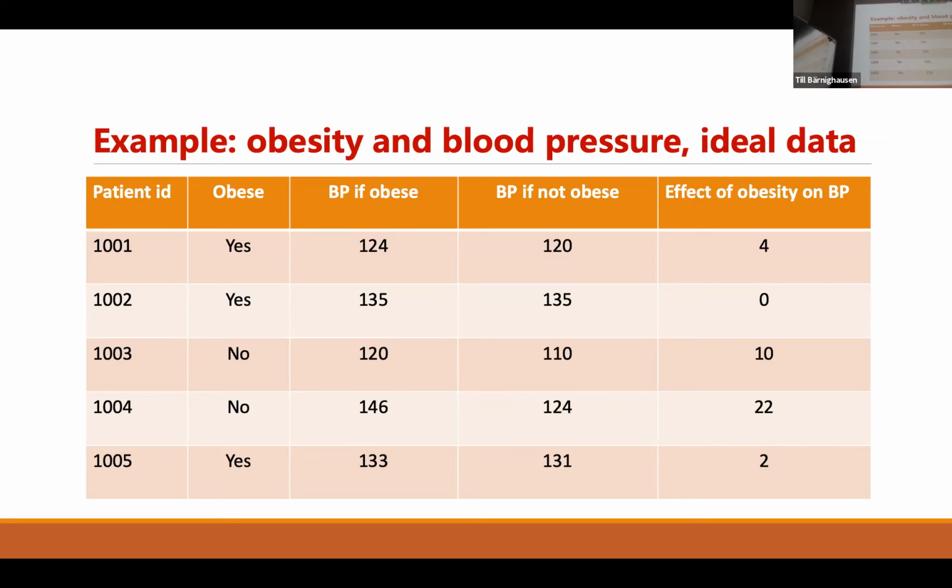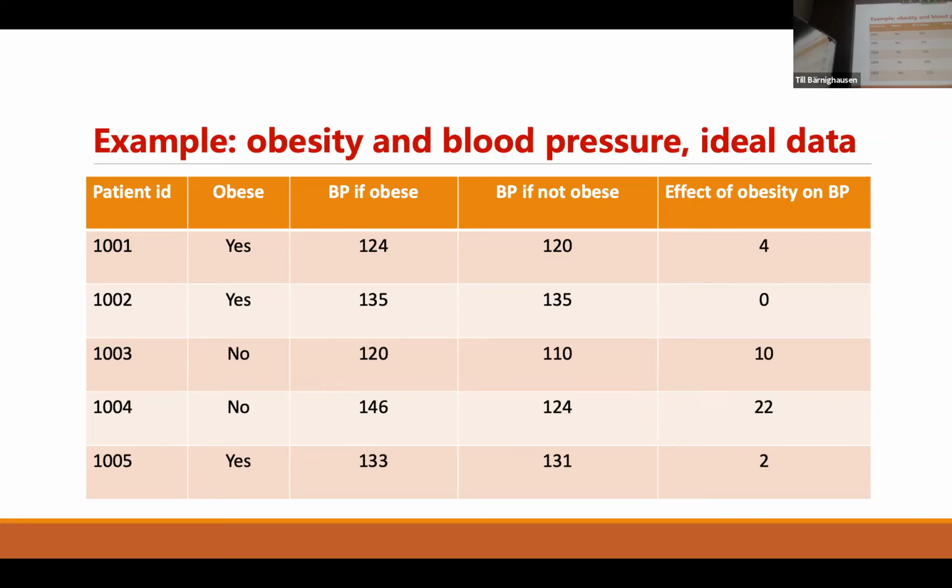And then we can also measure his blood pressure in the counterfactual scenario if he is not obese. So if he is obese, the blood pressure is 124. If he is not obese, the blood pressure is 120. So the effect of obesity on blood pressure for this individual will be 4 mmHg.